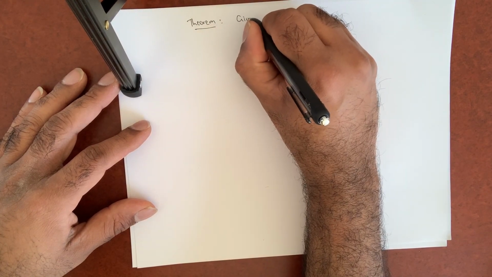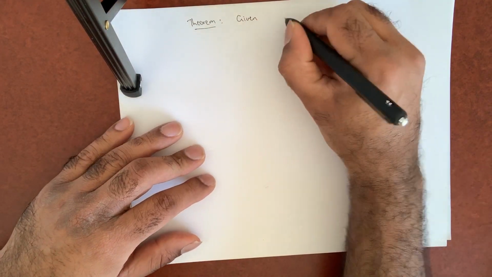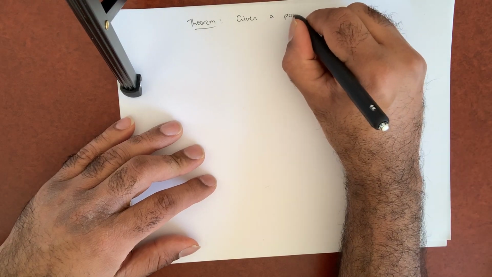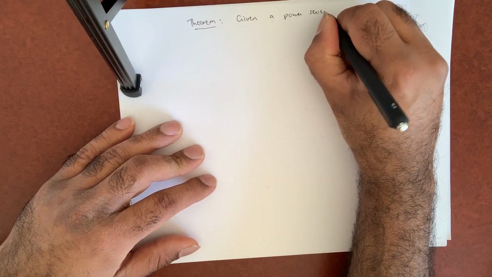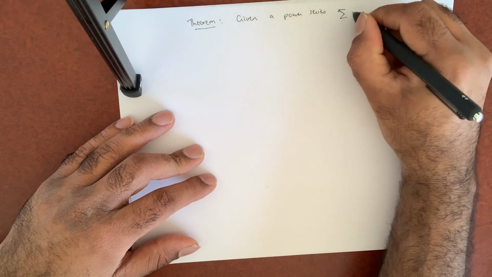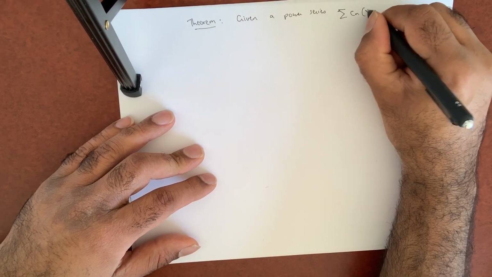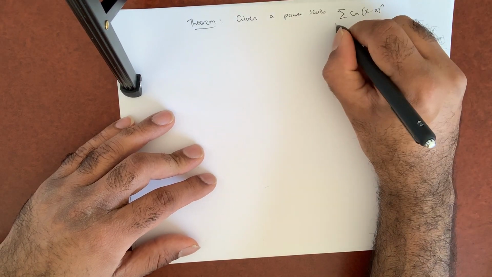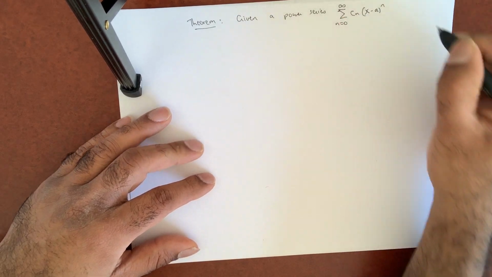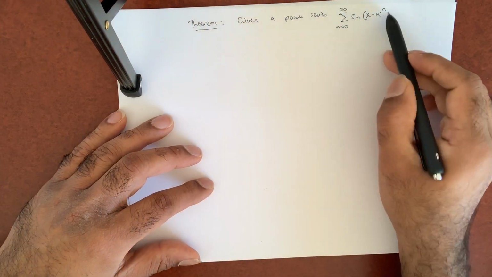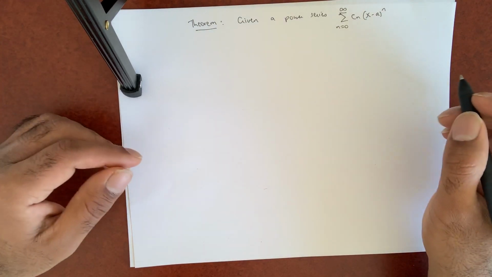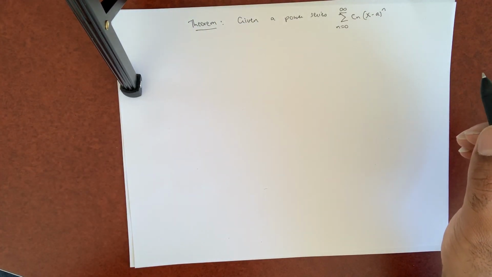So given a power series, we'll say c sub n x minus a to the n, starting at 0 to infinity. So this is a power series centered at a. A lot of the power series we've seen are centered at 0.